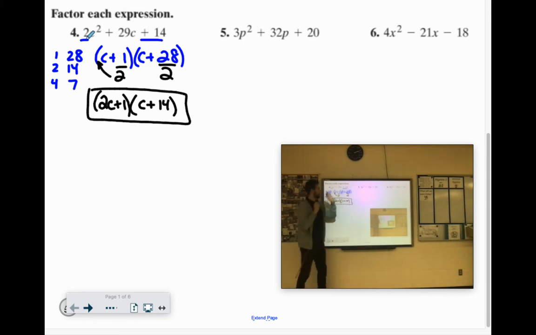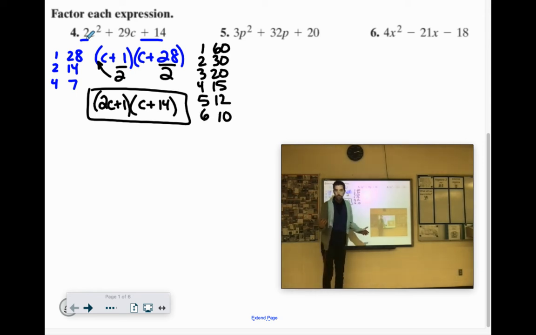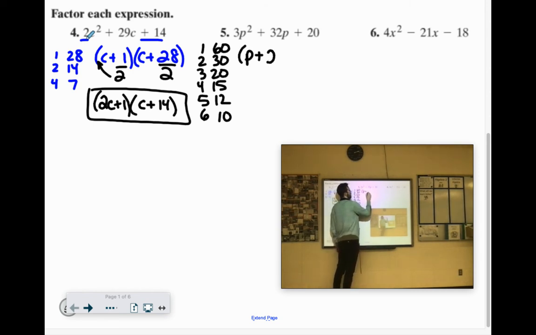All right, look for a common factor. Nope, 3 times 20 is 60. So we could have 1 and 60, 2 and 30, 3 and 20, 4 and 15, 5 and 12, or 6 and 10. Which set would give us the 32 we need? The 2 and the 30. p plus 2, p plus 30.